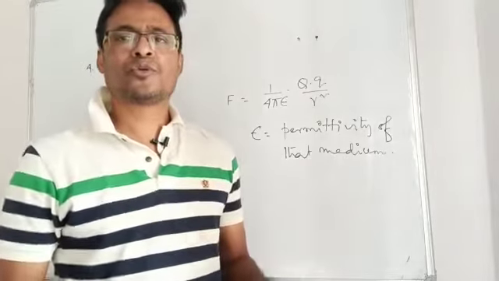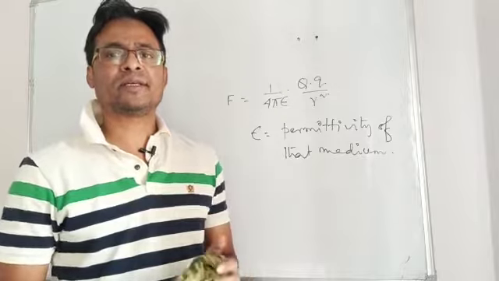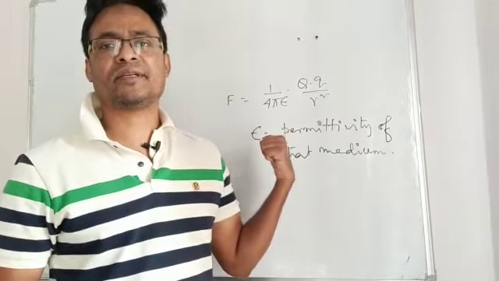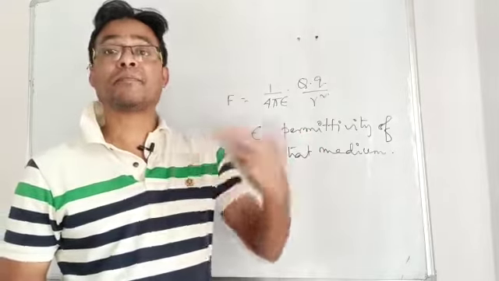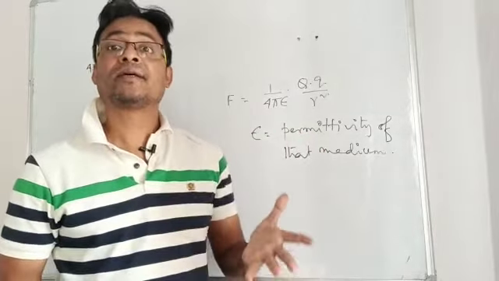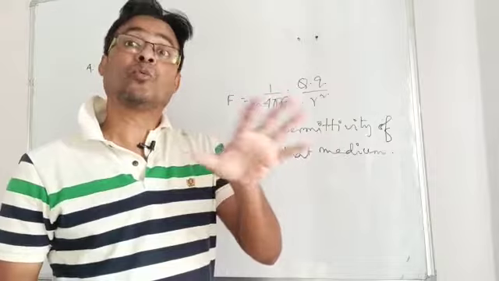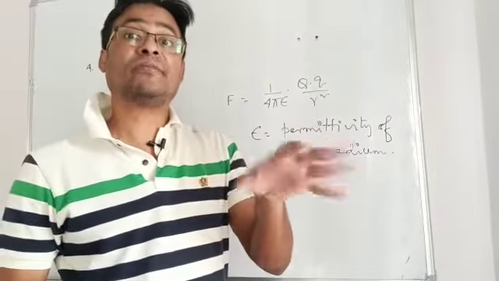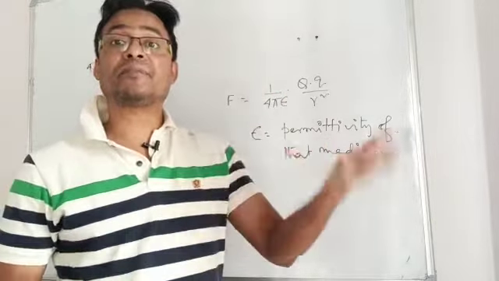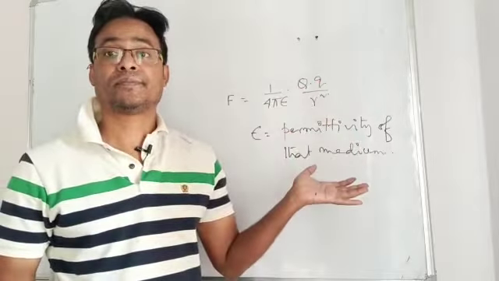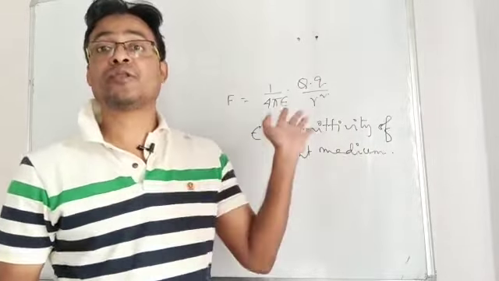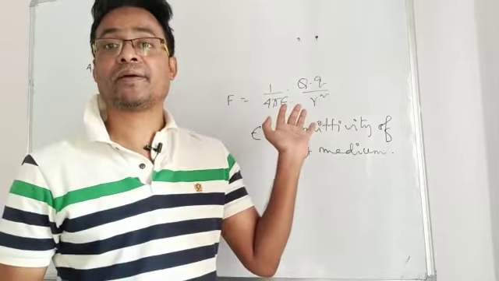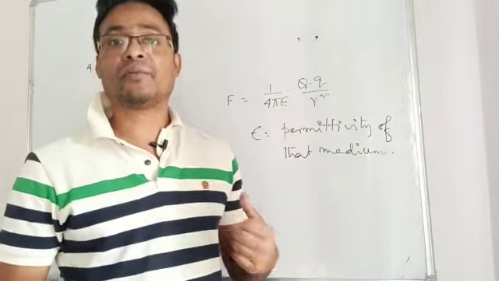So don't go to find out the reason behind why this is given the name permittivity. Actually it came from the concept of permission, right? Two charges will attract or repel each other, it needs a permission from the medium. If the medium doesn't permit, then the force cannot be applied. Hopefully I could make it clear, right?